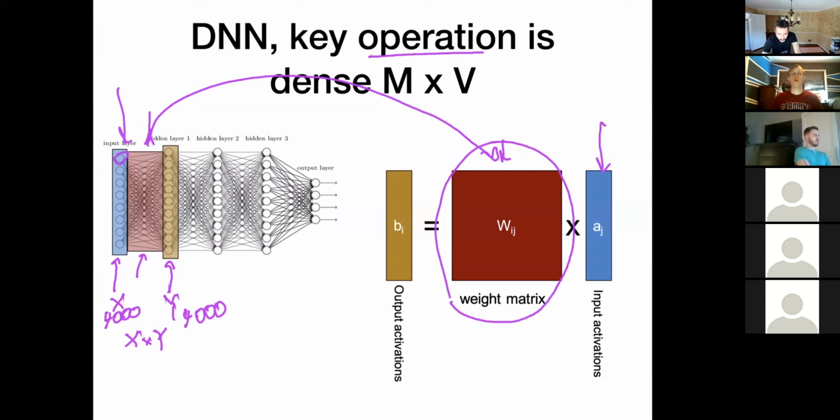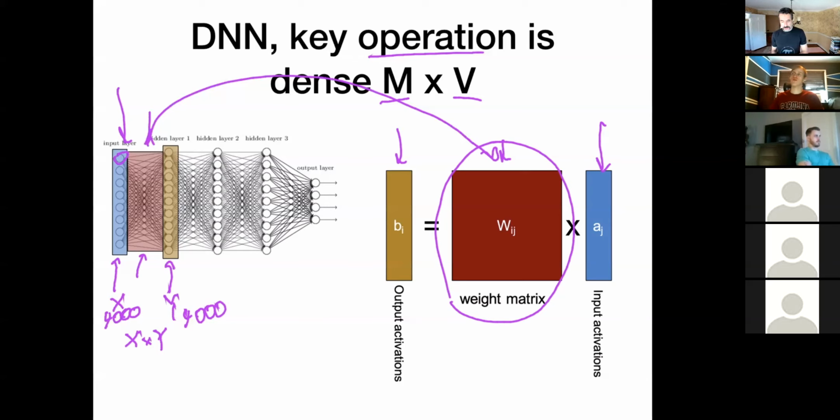In order to calculate your output activation, you do this matrix to vector multiplication, and this is a very expensive operation, isn't it? You have a large matrix, 16 million, right?